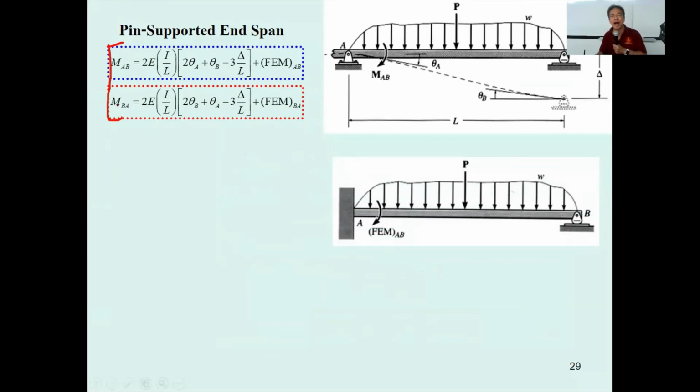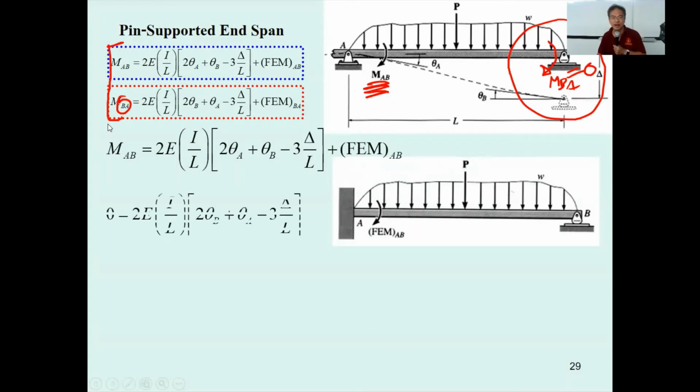By doing this, you may see this is going to be the moment at B. This is M sub AB, and this is going to be M sub BA. M sub BA, as the roller point, is going to be 0. So for the second equation, you may put this one as 0.